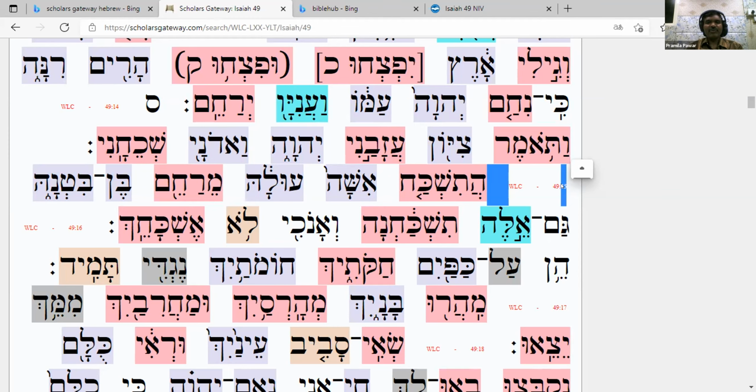And the very beautiful promise he gives us: behold, I have engraved you on the palm of my hand. And you know, for that engraving, who has suffered in Isaiah 53, Yeshua, who was bruised, who suffered, his hand was nailed on that cross. So he says here, hen al kapaim, on the palm of my hand I have engraved you.